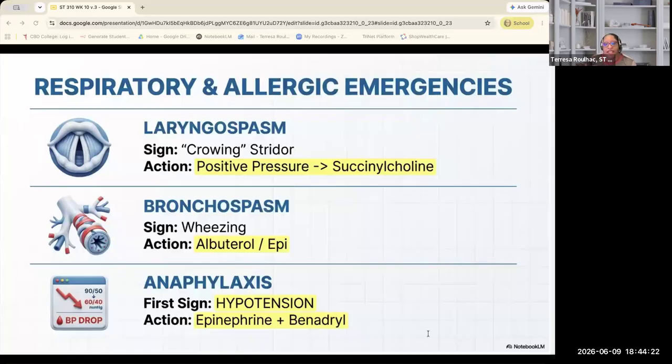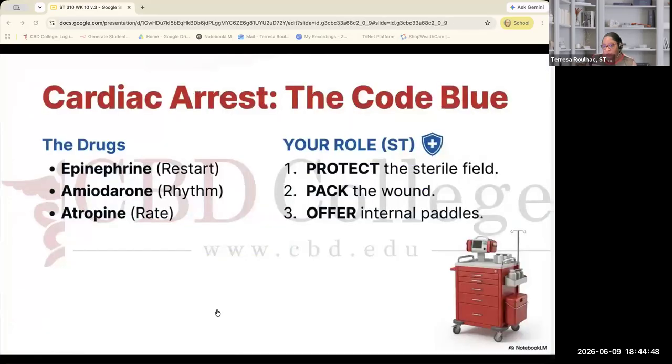If you suddenly hear a high-pitched crowing sound during ventilation, which emergency should come to mind first? Exactly, laryngospasm.